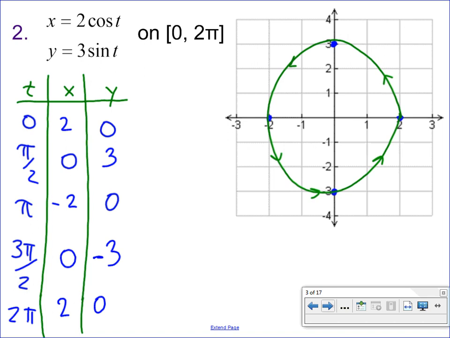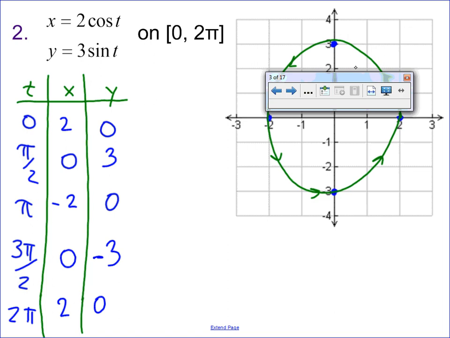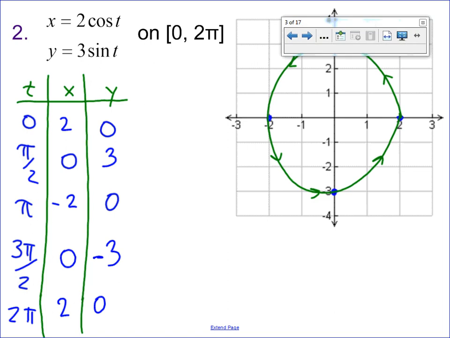In order to do that, when we have our trigonometric equations, we want to rely on our Pythagorean identity: cosine squared t plus sine squared t equals 1.